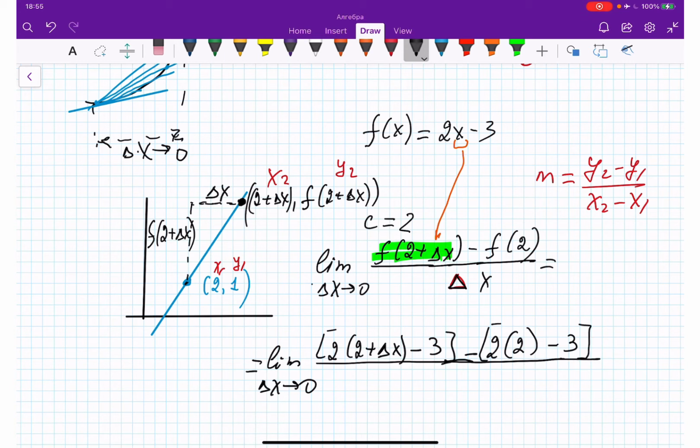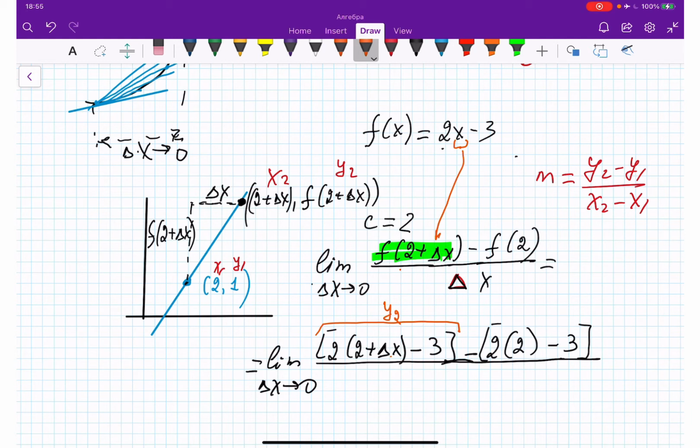Okay, y1. So y1 is going to be f of 2, which is 2 times 2 minus 3. So what do I have here? This piece is my y2, right? Instead of x, I'm plugging in 2 plus delta x. The rest is the same.